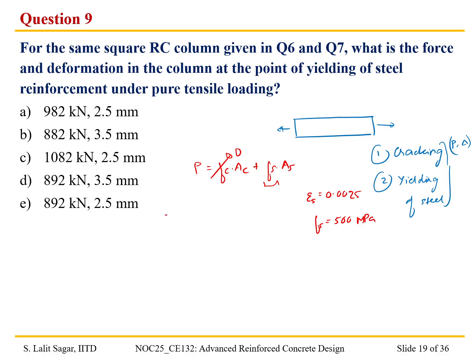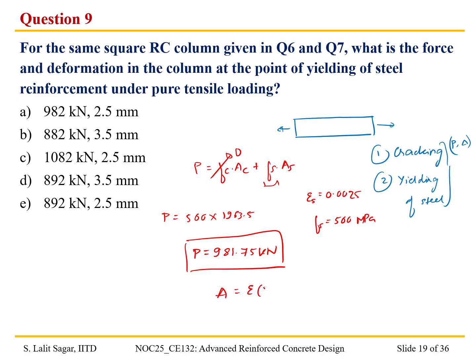Let us plug these values and find out the axial load. 500 into 1963.5 gives us the value of P as 981.75 kilonewton. And what would be the corresponding deformation? Delta is given by epsilon into L. Anybody would like to answer? What would be the value of delta?